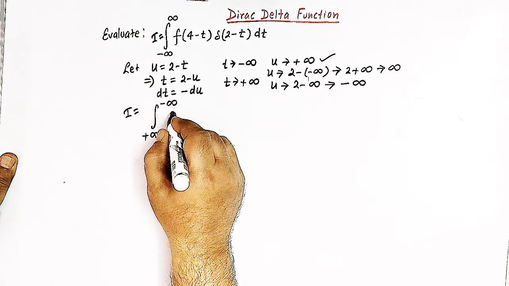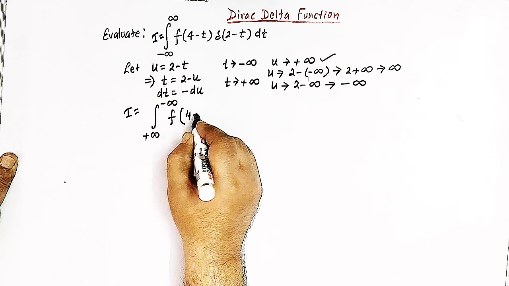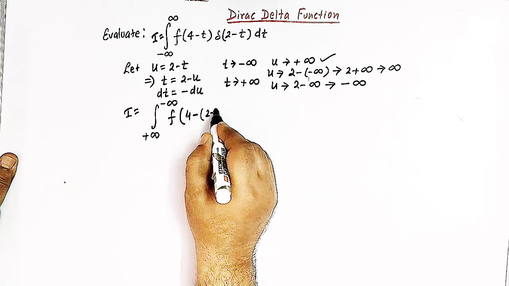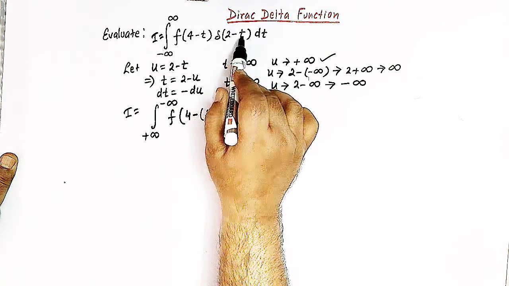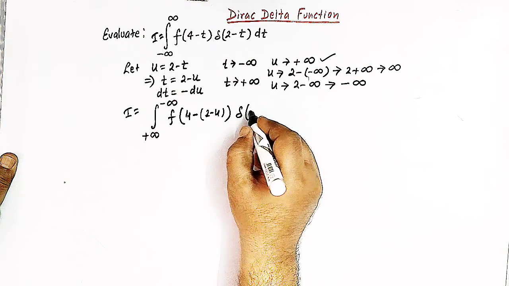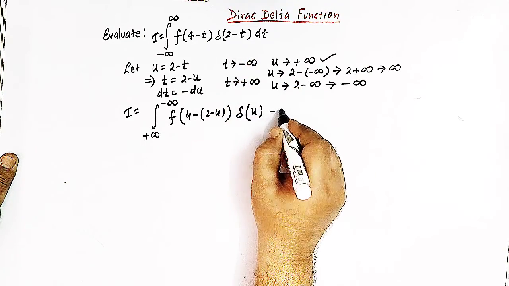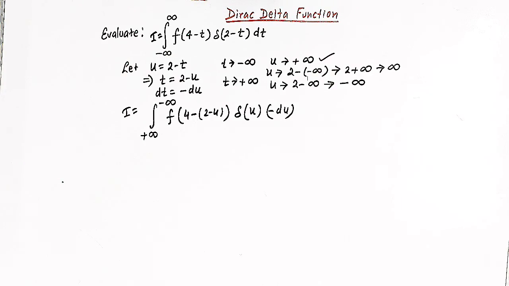And here we have f of 4 minus t. So let us replace t by 2 minus u, right? And here we have delta of 2 minus t. 2 minus t is u, so we have simply delta of u. And for dt, we can write minus du.